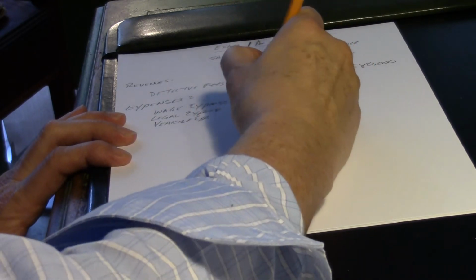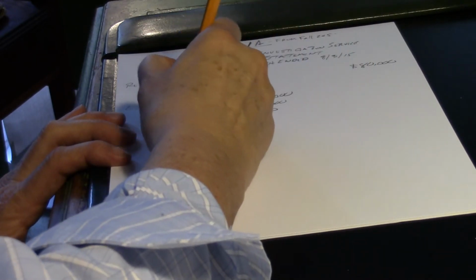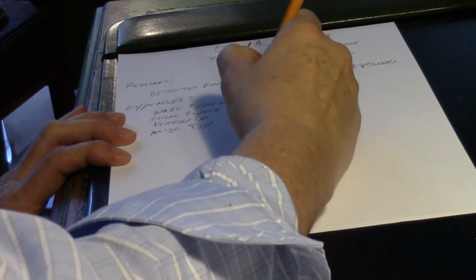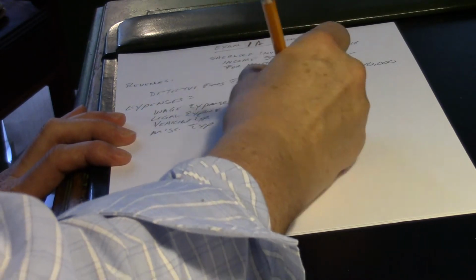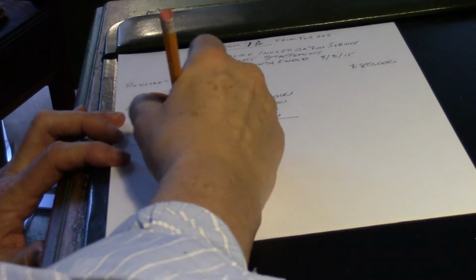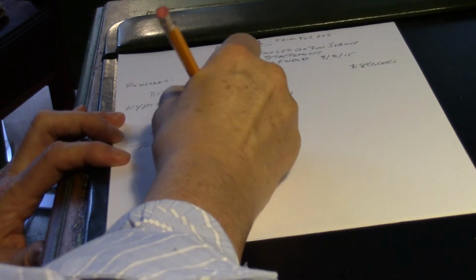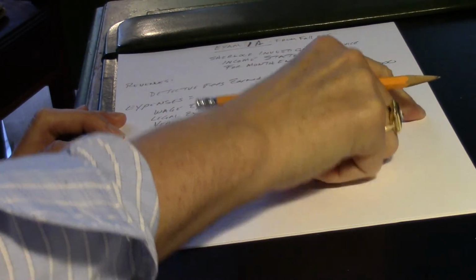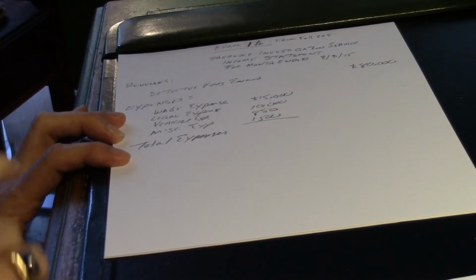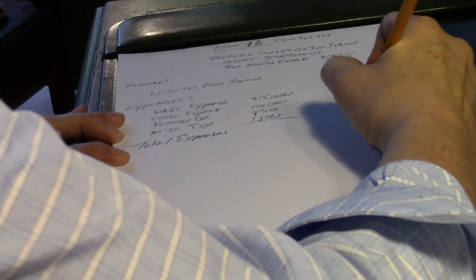And it's $850, and then miscellaneous is $1,500. Total expenses are $27,350.